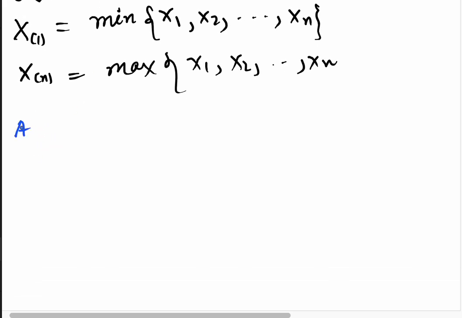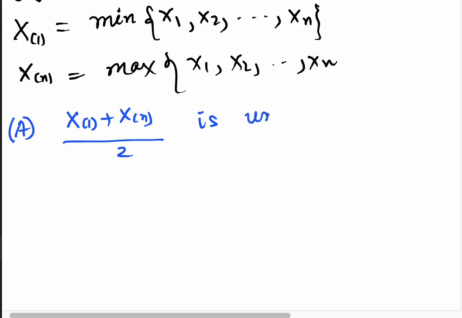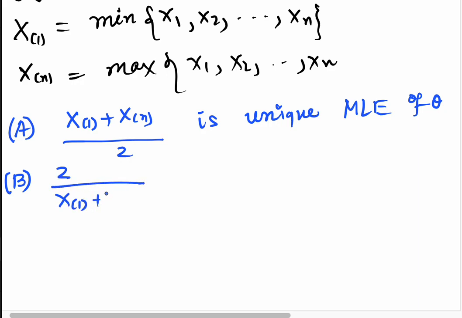A, (X(1) + X(n))/2 is the unique MLE of θ. B, 2/(X(1) + X(n)) is an MLE of 1/θ.